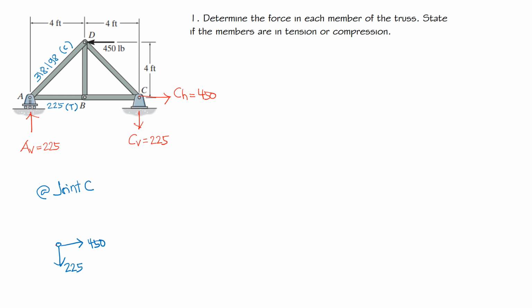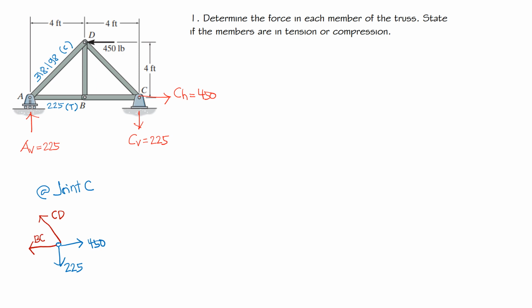This member is member BC. Since this is going to the right, I'll be assuming that this direction is going to the left. And then we also have member CD, and since this is going down, we can assume that this is going up.